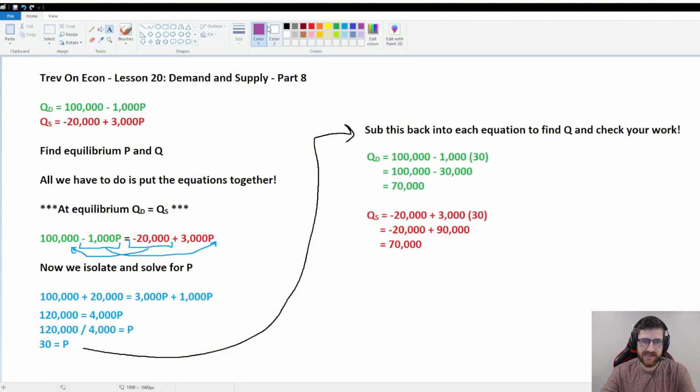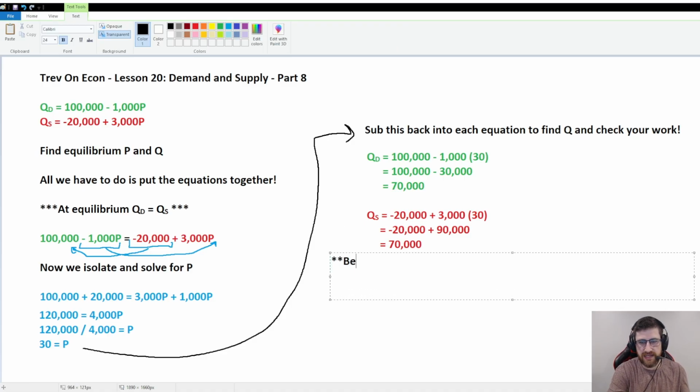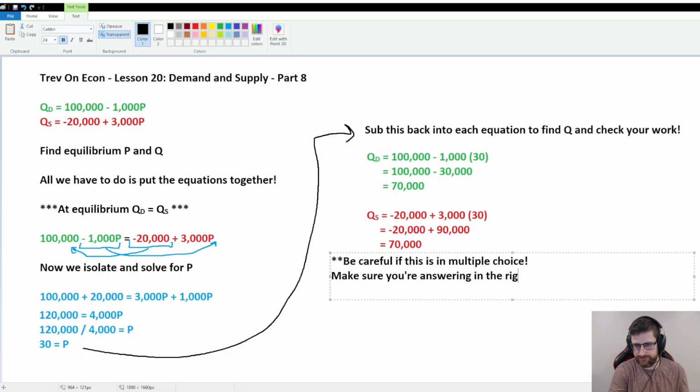Now, again, practice this. It will likely come up. One tip I will give you, be careful if this is in multiple choice. Okay? Make sure you're answering in the right order.